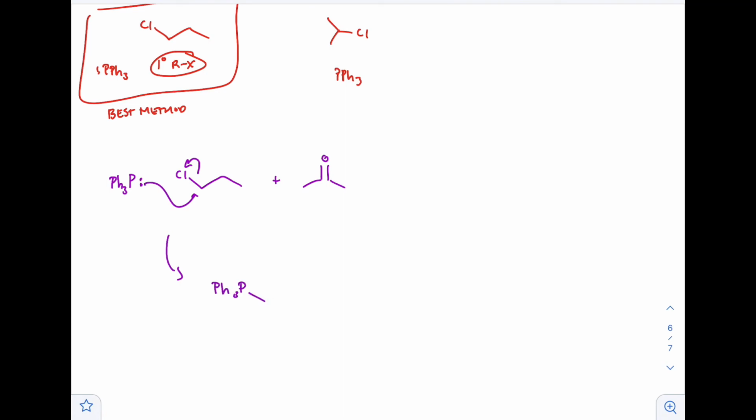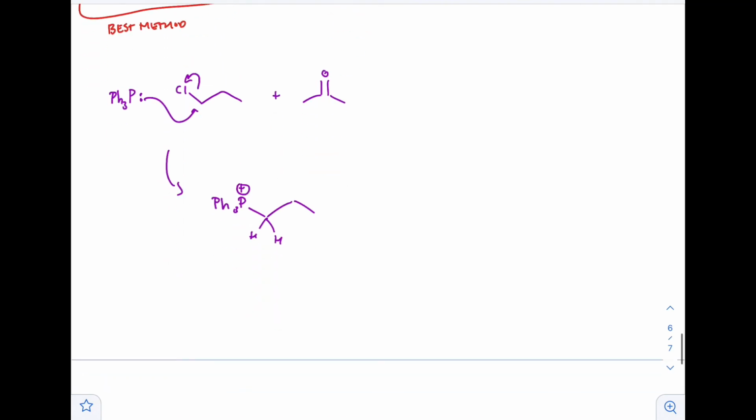So once we attack that alkyl halide, we get this phosphonium intermediate. And then again, remember we want to hit that with base in order to remove that acidic proton. And of course, that organolithium can just be drawn separately as a salt to really show us where that carbanion is.